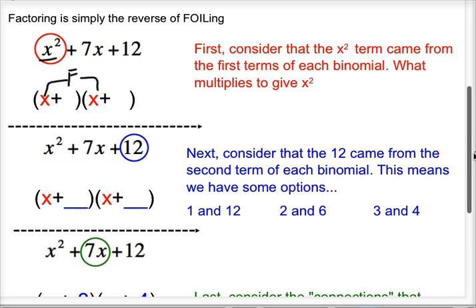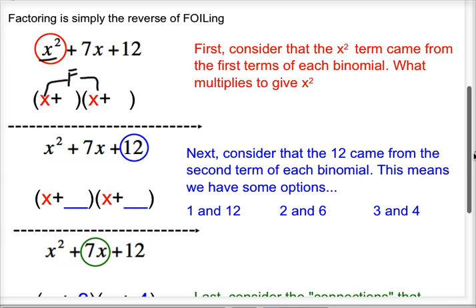Well, so we need to think to ourselves, what multiplies to x squared? Well, when it's just an x squared there, it's actually relatively simple. It's just x times x. So that's where that piece comes from. x times x will give us that x squared. So we know that's going to be the first 2 variables in our binomials.